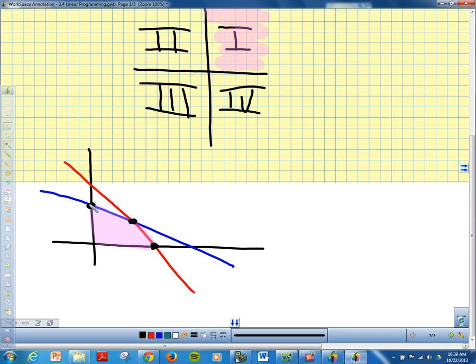So your objective function, you're going to use that to figure out either maximizing or minimizing your quantity.